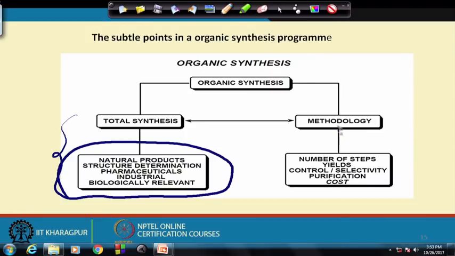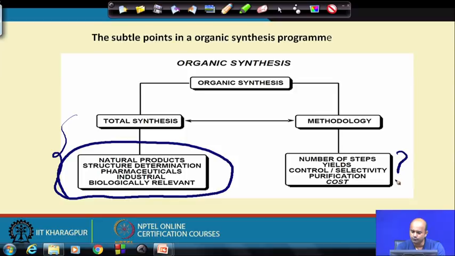Now, when you talk about methodology, our prime concerns will be these factors: how many steps are required, and yields for individual steps. If the methodology is very high yielding, then your effort is counted. And the final point is control or selectivity: whether the methodology can control reactivity or selectivity.